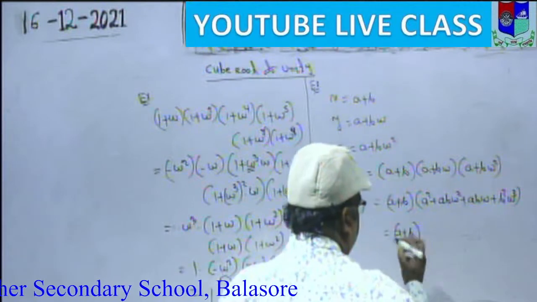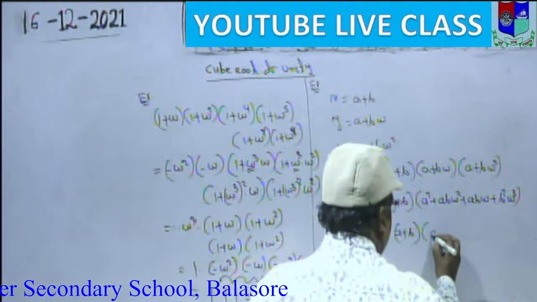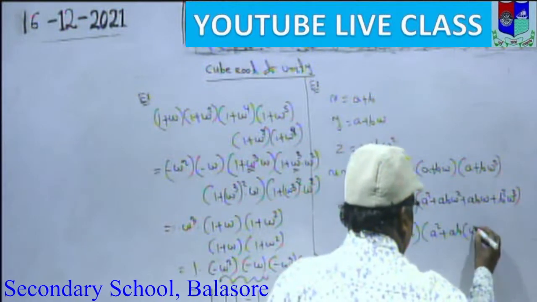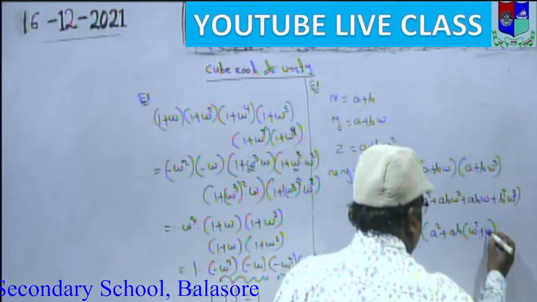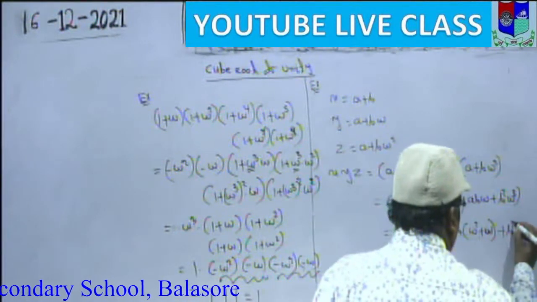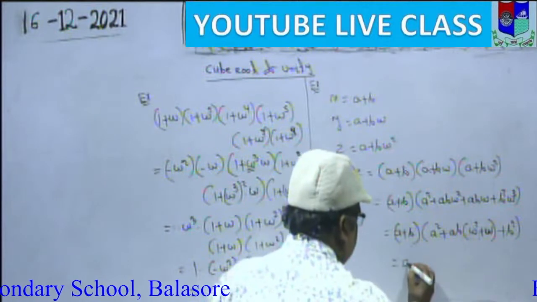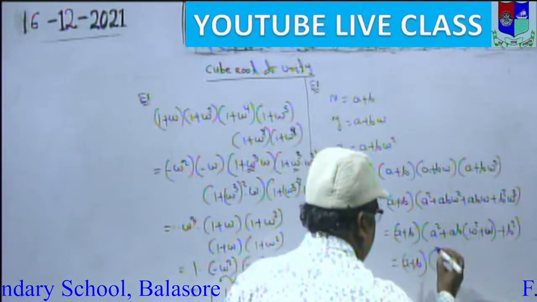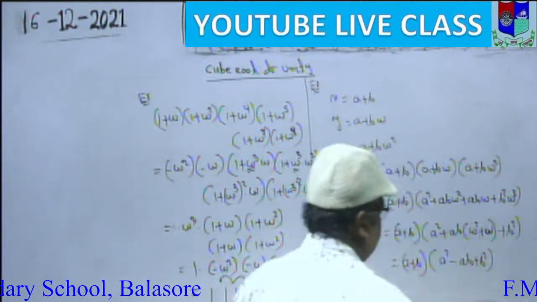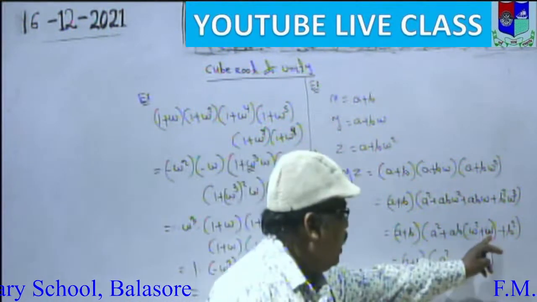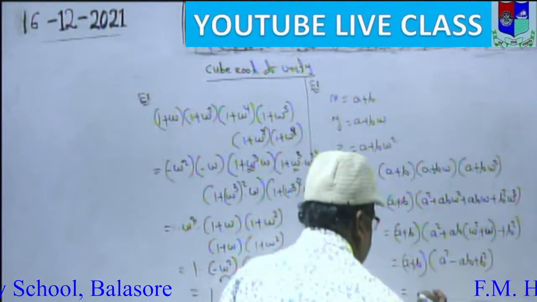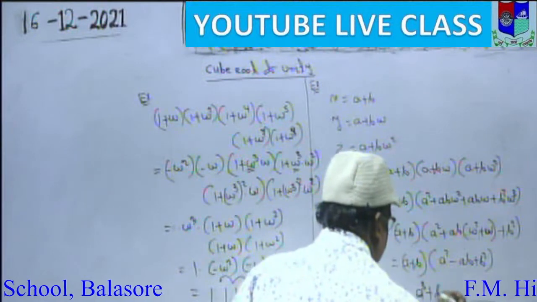It is your a plus b, a square, taken common a b omega square plus omega, and it is only b square. So now it is a plus b and a square minus a b plus b square, because we know omega plus omega square is minus 1. So now we know this is a cube plus b cube.